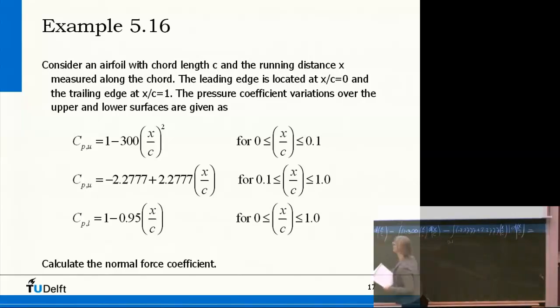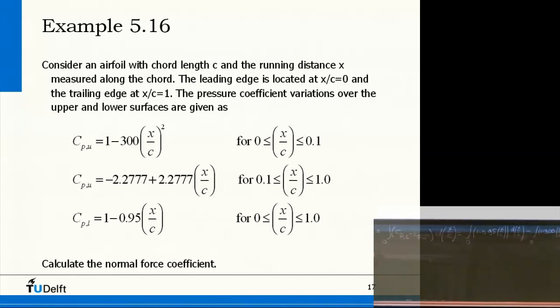We need the primitive values, so 1 gives x over c between 0 and 1, minus 0.95 times the primitive of x over c. What's the primitive value of x over c? Yes, a half (x over c) squared, between 0 and 1.